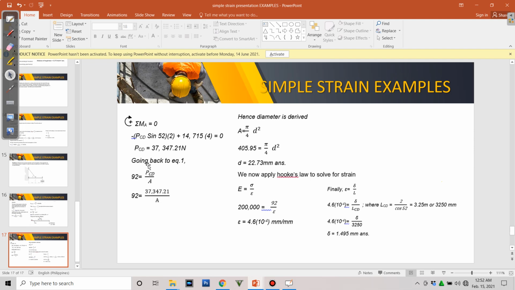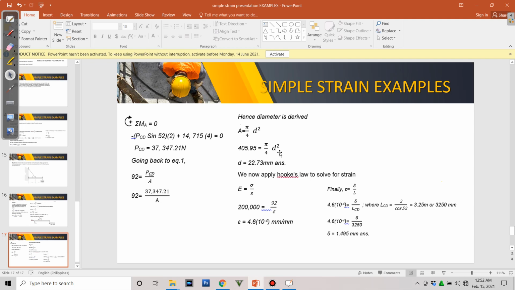And then we go back to equation 1, we can now derive the area. The area will be equal to 405.95.